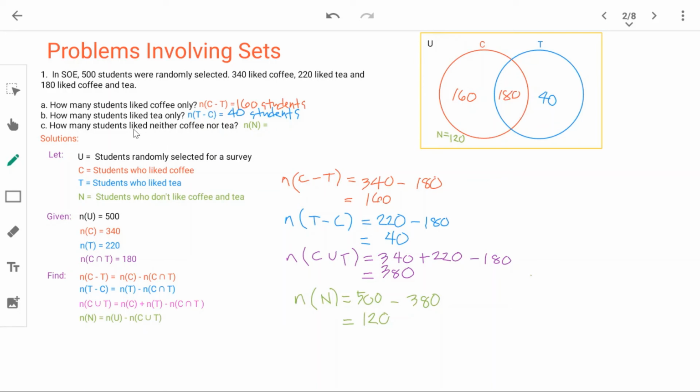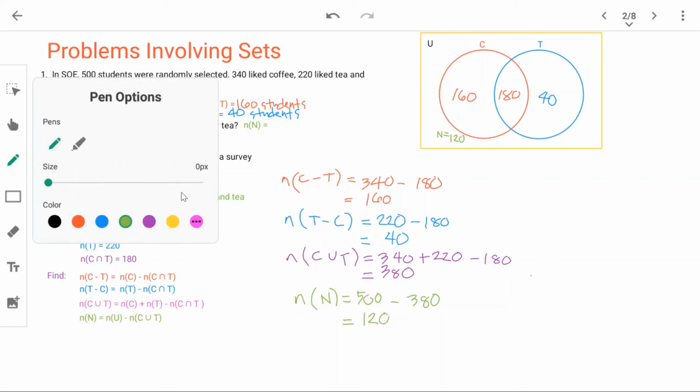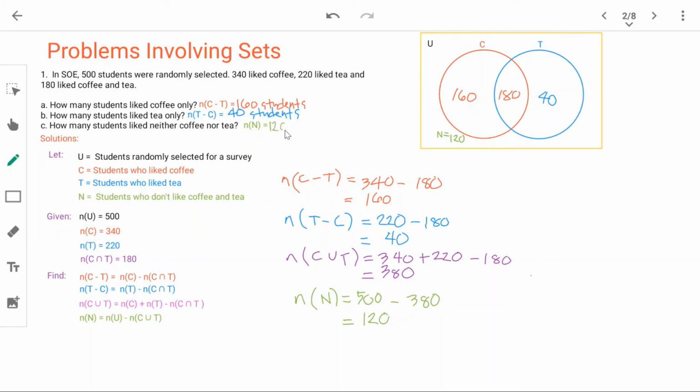And for the last question, letter C, how many students like neither coffee nor tea, represented by the cardinality of n. So based on our solution, there are 120 students. All of these 120 students don't like coffee and tea.